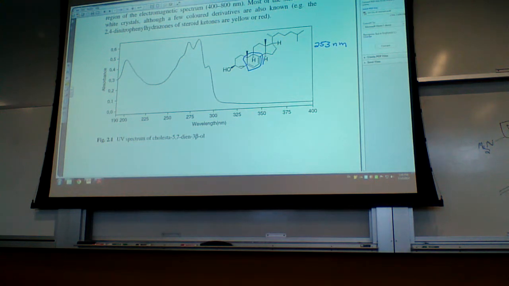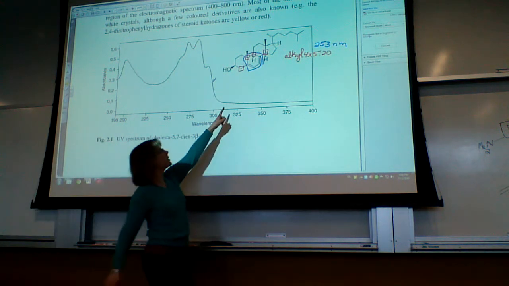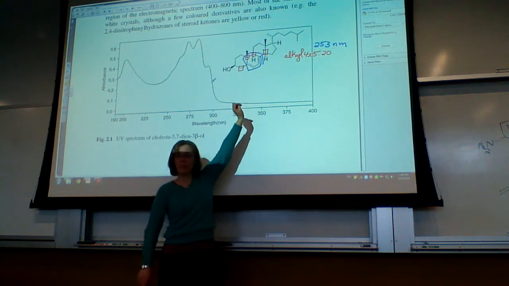There are 1, 2, 3, 4 alkyl groups, so we're going to add 20 for the alkyl groups. And then if we look at the ring structure here, this double bond is exocyclic to a ring.